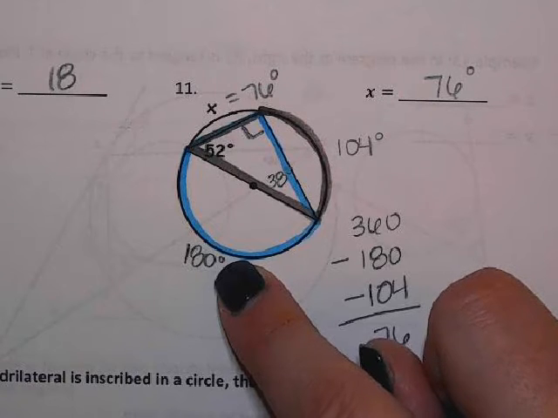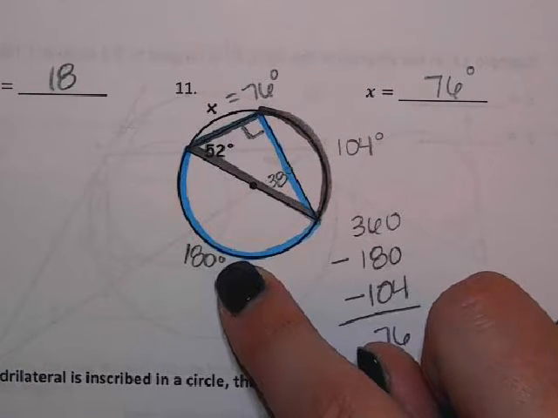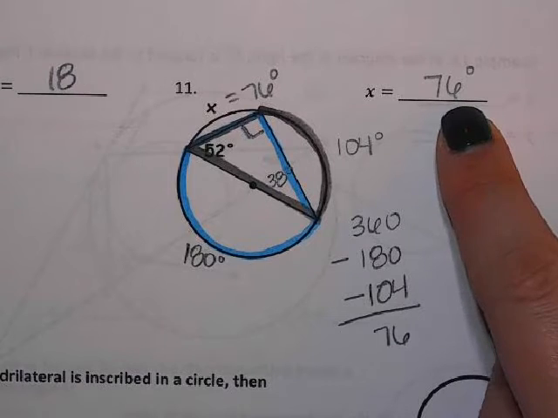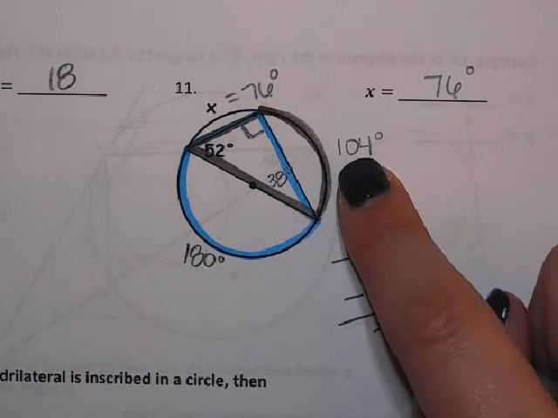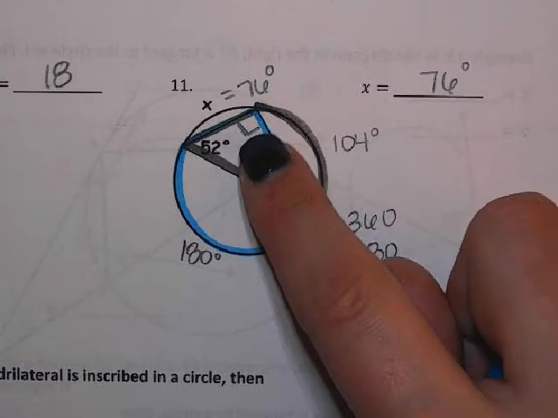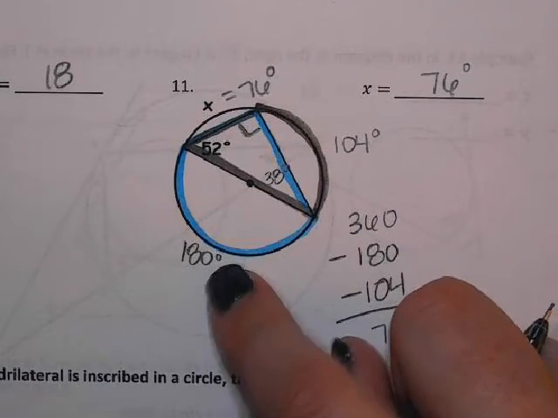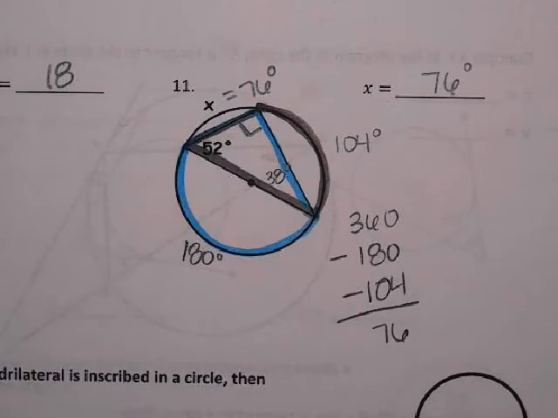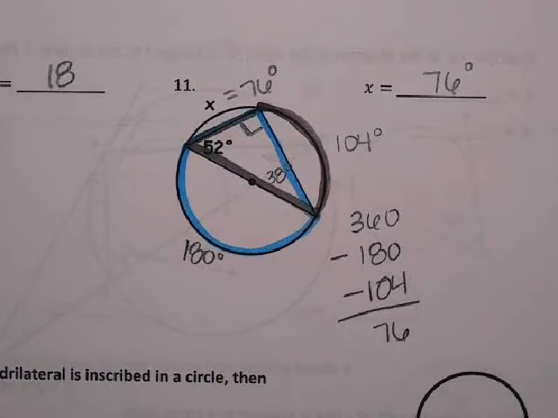When I grade this, it'd be like a 4-point problem or something. The final answer would be one of the points, but I'd probably give a point for figuring out that this arc was 104, and a point for knowing that right angle and that 180. All of the work that you show would be your partial credit in case you couldn't solve the problem. Any part that you could draw accurately, I'd give you credit for, even if you didn't finish it.